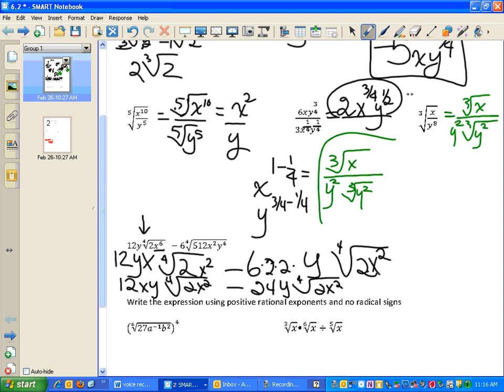So the question you have to ask yourself, there's 2 questions. What root am I dealing with? A cubic. That means I need how many to be able to pull out? 3. How many do I have right now? How many am I missing? That's what we rationalize. And we do this if we multiply the numerator and the denominator by the same thing.